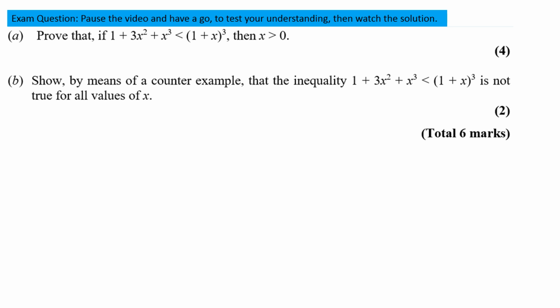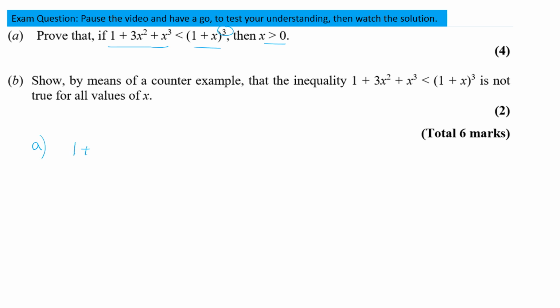Prove that if we've got this expression here is less than this expansion, then x has to be bigger than 0. So you don't necessarily have to use the binomial expansion, but it's a quick way of cubing something. You can just write the 3 brackets next to each other and multiply them all out, but we're going to use the binomial expansion.